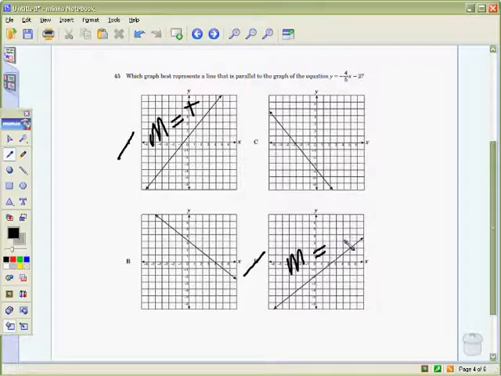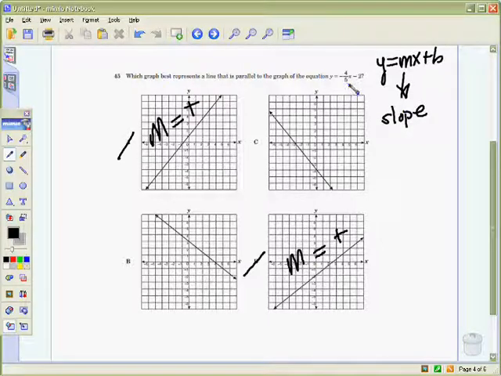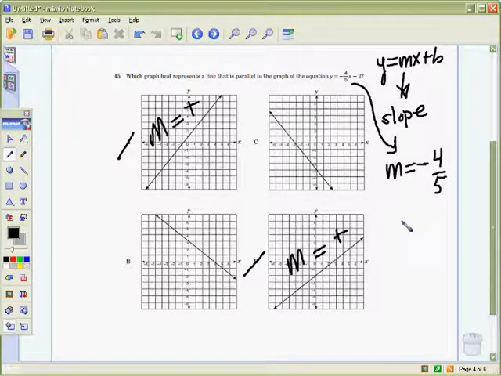When the line is going up from left to right, the slopes are positive. And up here, if you recall in y equals mx plus b, m is our slope. So here our slope m is equal to negative 4/5, so our slope must be negative.